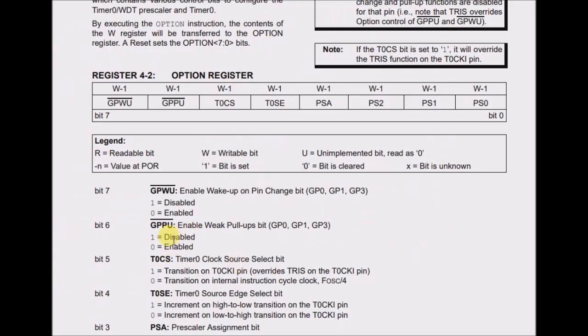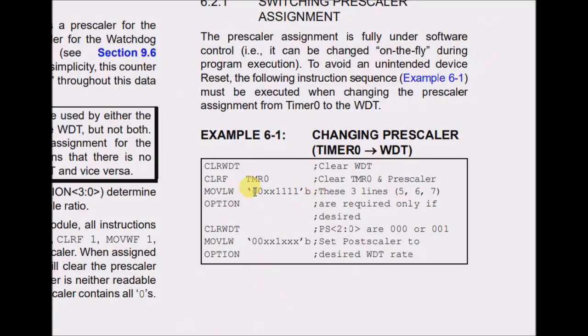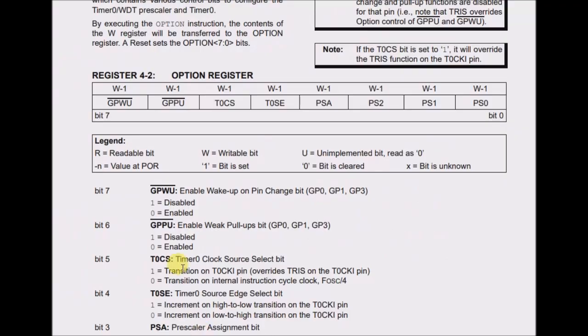Okay, I am looking at it. So here's the OPTION register. So the GPWU and the GPPU both are disabled with a 1. So they're both enabled. So they enabled the wake up and they enabled the weak pull-ups.